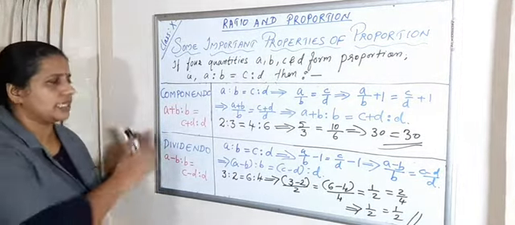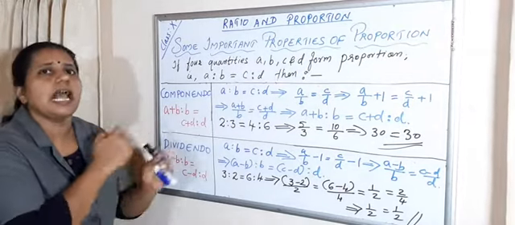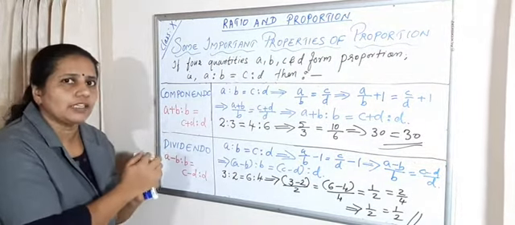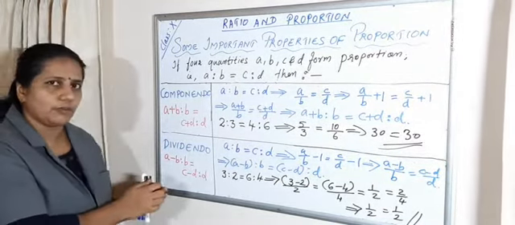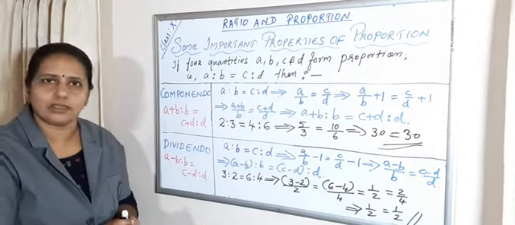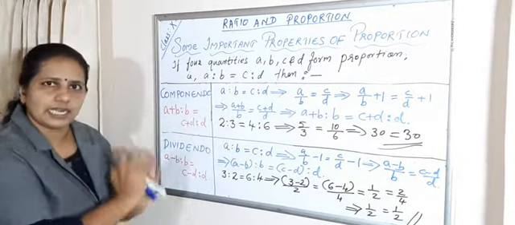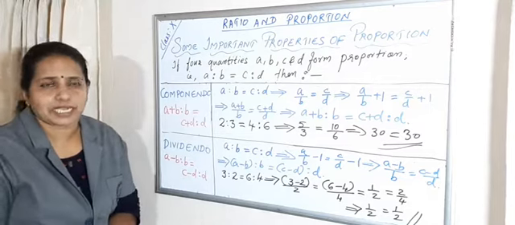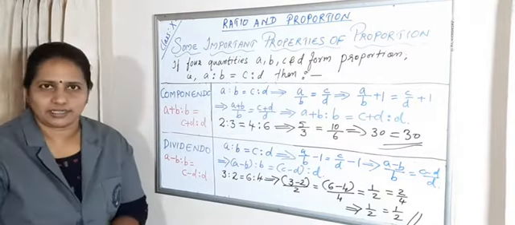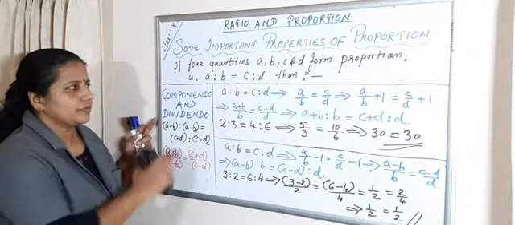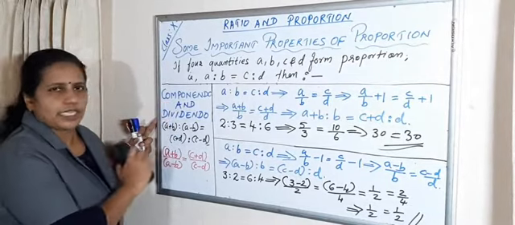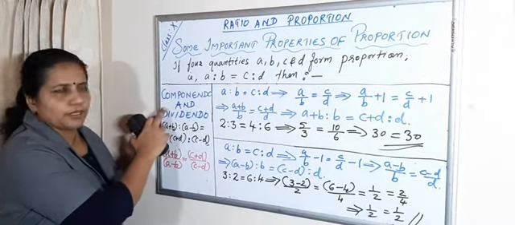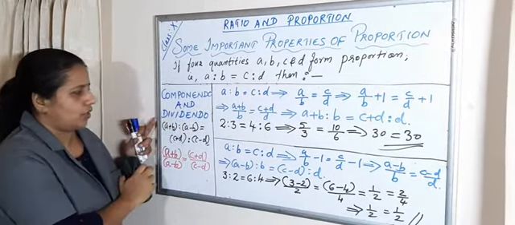Componendo means adding, combining the first two quantities, but dividendo means subtracting. First one is addition and second one is subtraction. So take your book and write this. Next, componendo and dividendo.